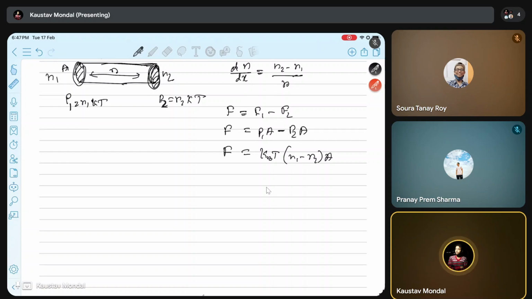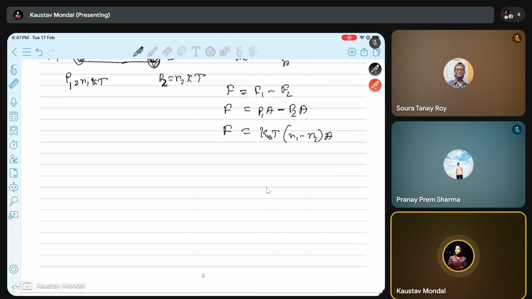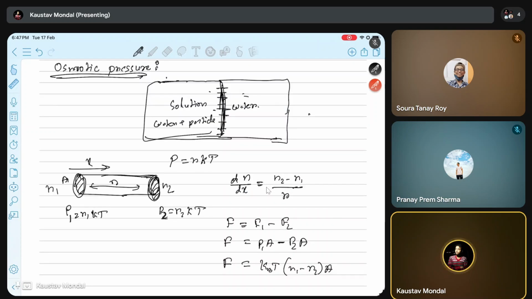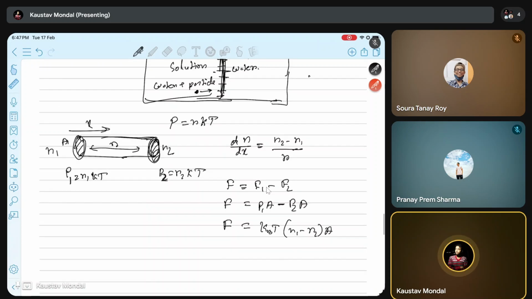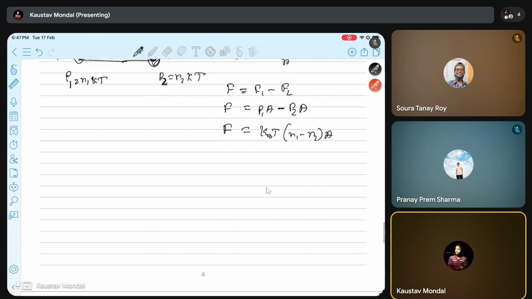Because of this unbalanced force, the Brownian particle will feel some force because of this osmotic pressure difference, right? That force is given by this quantity. Now for a single particle, this force is F divided by n into A, where n is the average particle density.